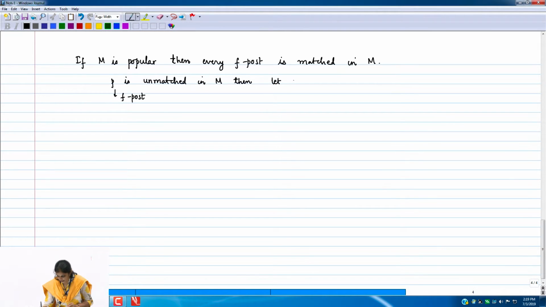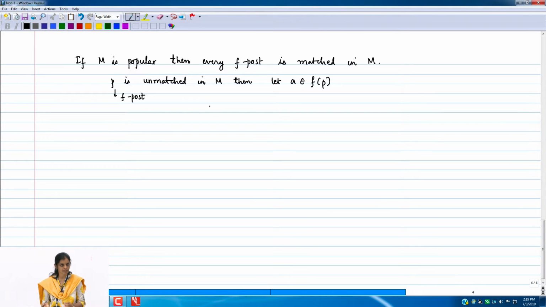let A belong to F of P, because there is some set of applicants who treat P as their F post. Then ask what is A's matched partner in M. A may or may not be matched, we don't care, but A is clearly not matched to its F post, because its only F post is P and that is unmatched.